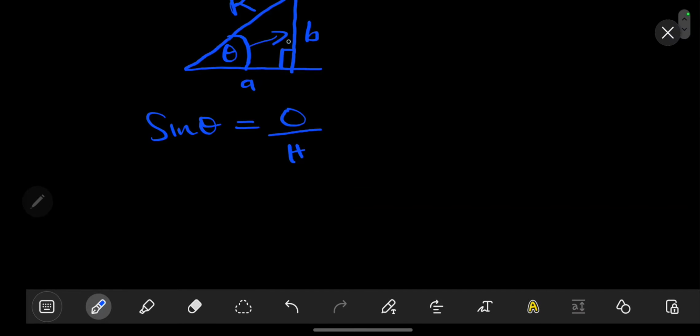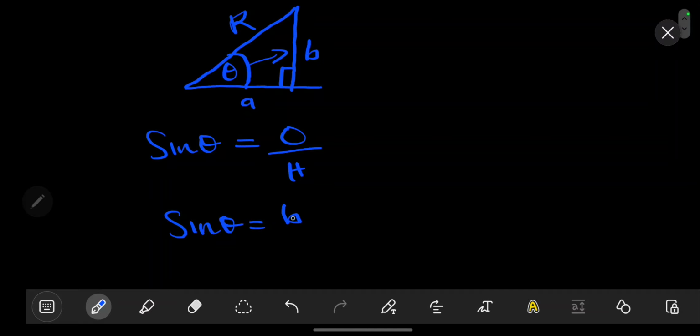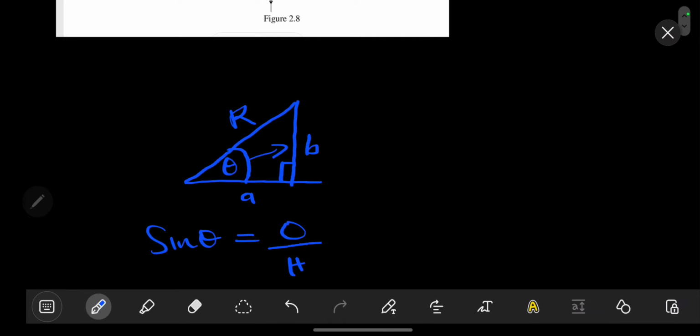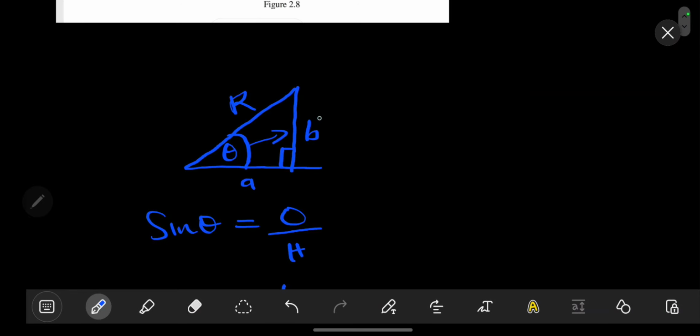Now in this case, our opposite is B, so sine of theta should be equal to our opposite, which is B, over the hypotenuse, which in this case is R. Your B here is actually the y component, because if we look at the Cartesian plane, we have x and y.